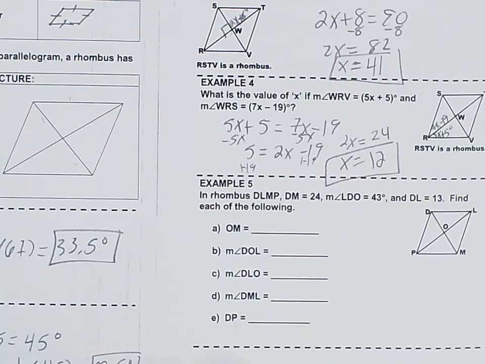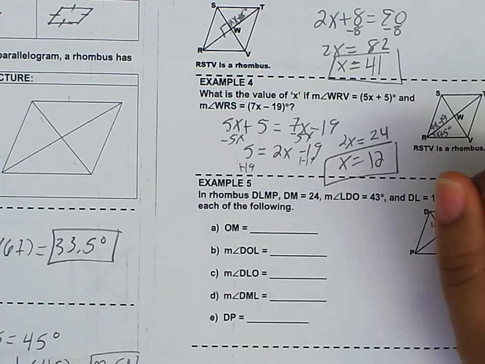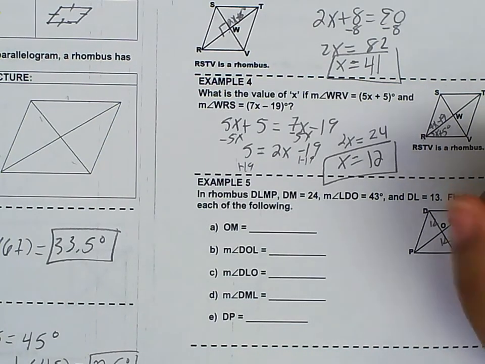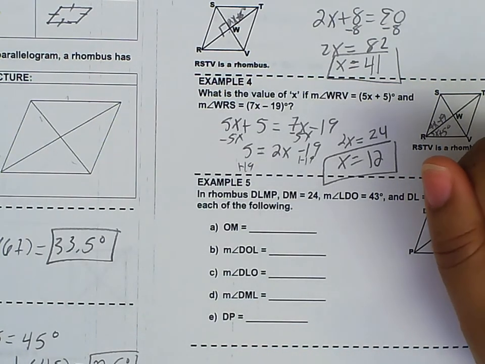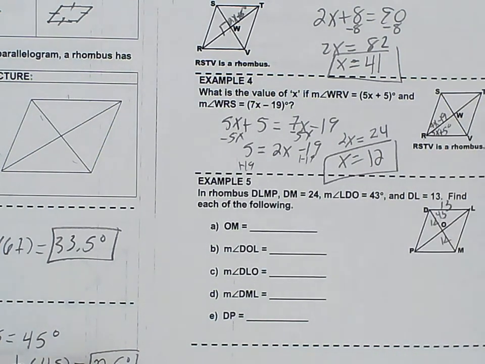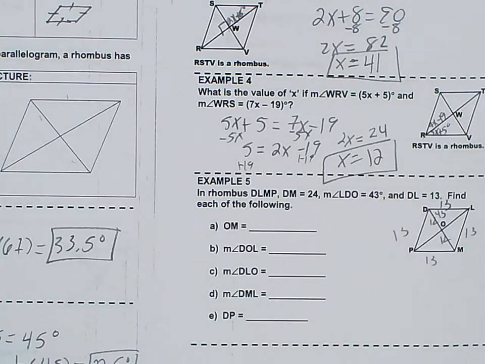All right, the last one is this one here. We're going to fill in all this stuff. It says if rhombus DLMP, DM, that means its entire length here is 24. So that means that these are 12, 12 each. The angle of LDO is 43, and DL is 13. So that means these are 13, like that.